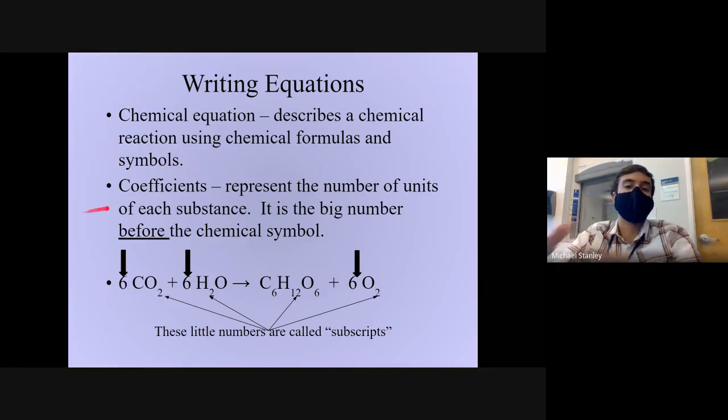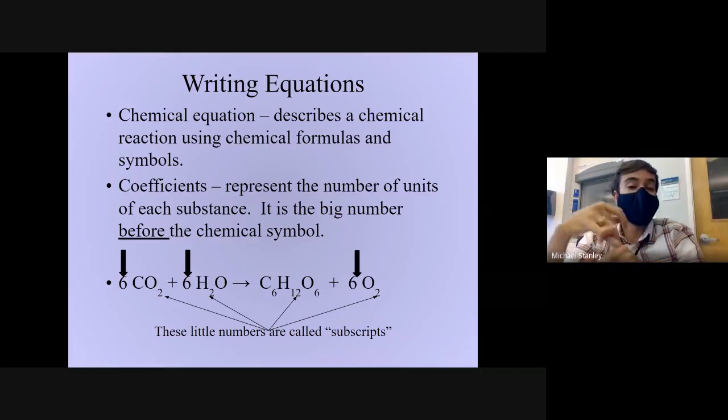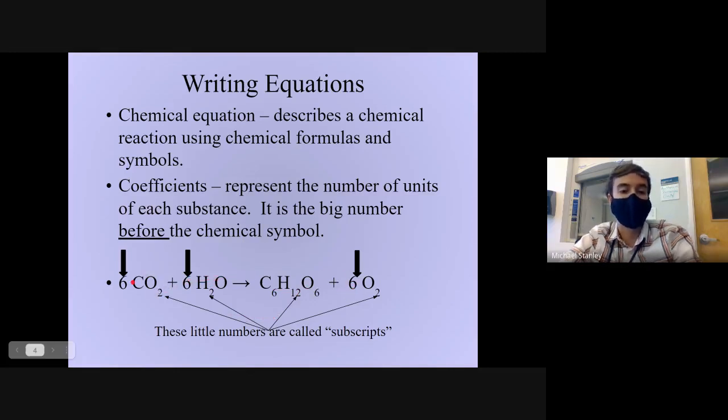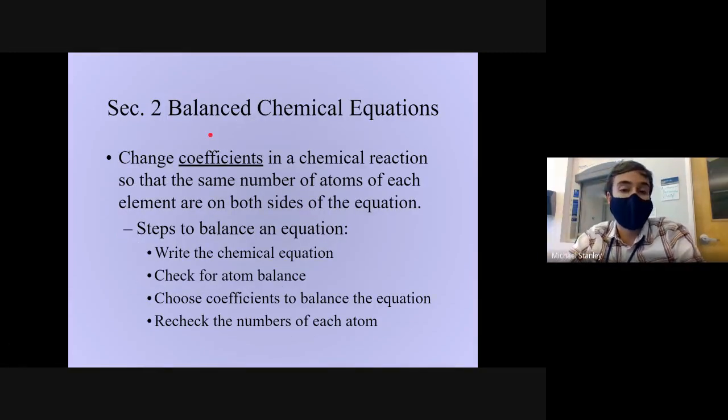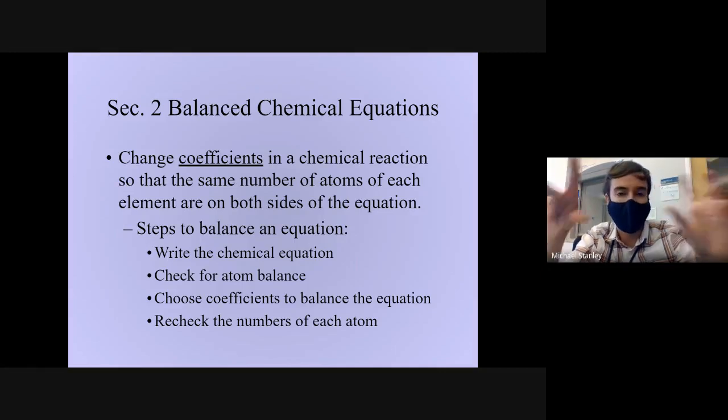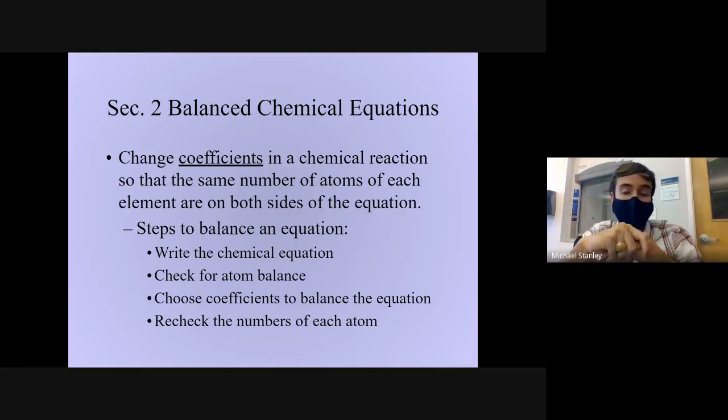Good to know. Okay, so you want to figure out how many of each type of atom are in our chemical reaction. We know that we can't do it with these subscripts, so we have to change around these coefficients. When we do that, we're making something called a balanced chemical equation. The goal of having a balanced chemical equation is that you have the exact same number of a type of atom on each side of the equation.